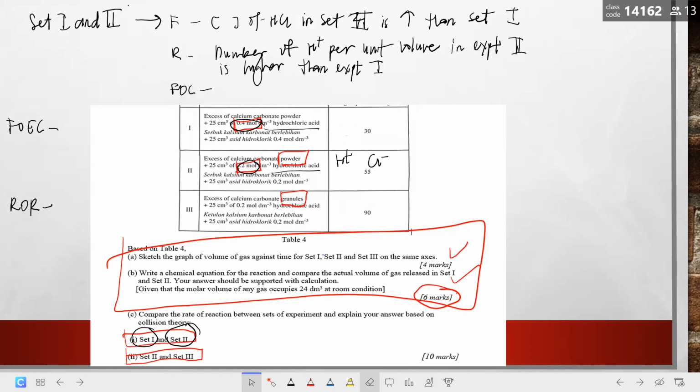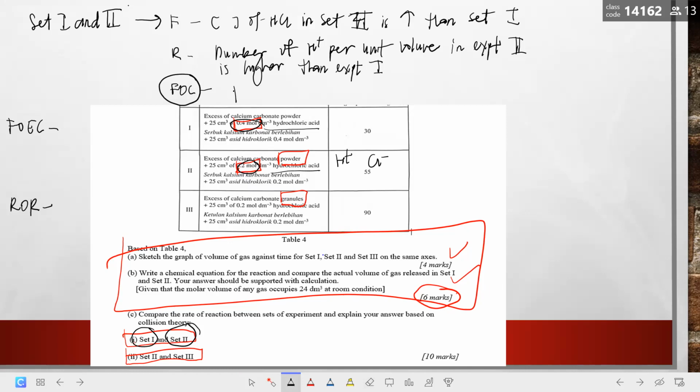We go ahead. The number of hydrogen ion, the particles of hydrogen ion and calcium carbonate. Wait, why the particle? You must start with FOC. How do we start there?